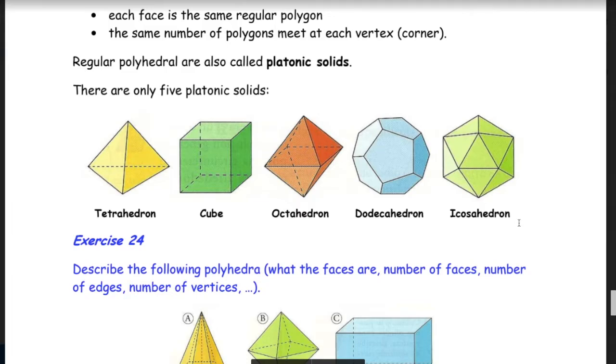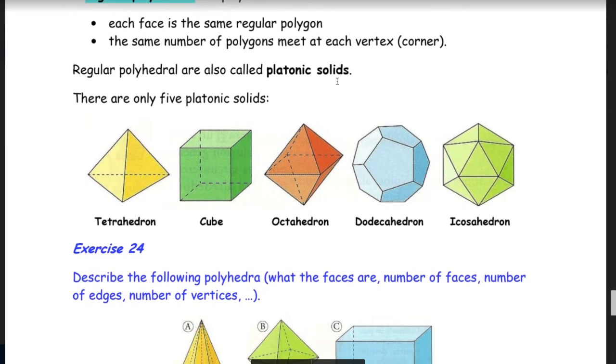Very difficult names, but it's one shape, and the size and name depends on how many of the single polygon meet at each corner, at each vertex. Okay? So I want you to practice saying all of these names. There's a lot of difficult names. So go back and listen to how I pronounce and pronounce them after me.